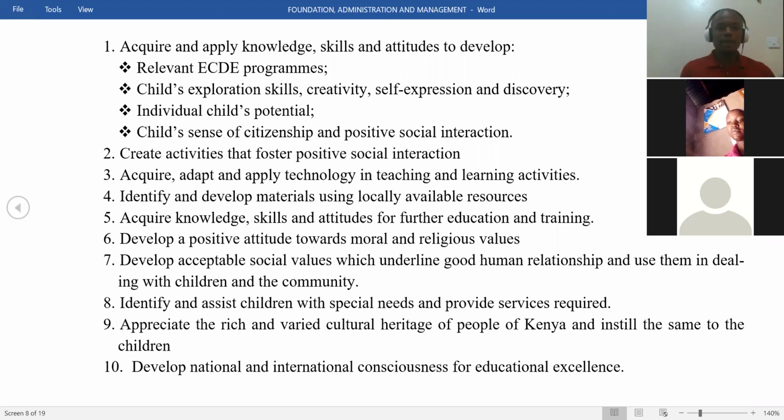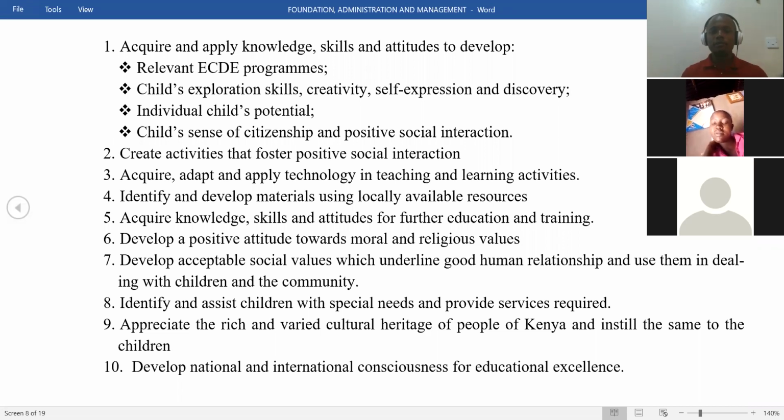The second one is child exploration skills, creativity and self-expression, and also discovery. When you talk about exploration, this is when children are trying to find out what else they don't know. That is why we give them modeling clay. What is the function of the modeling clay? It helps their fine motor skills.